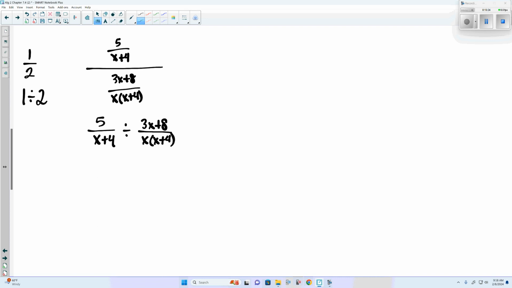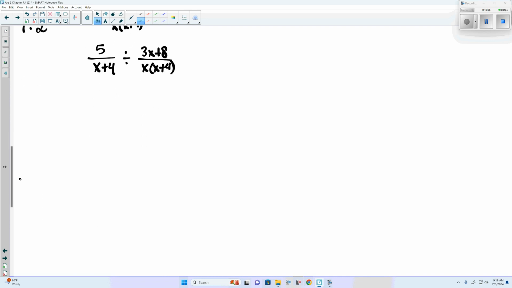The top is being divided by the bottom. That's all we're saying with any fraction. This number is being divided by this number, this out of a whole. But that's helpful because if we're dividing 2 fractions, we keep the first one the same. We change it from division to multiplication and flip the second term.